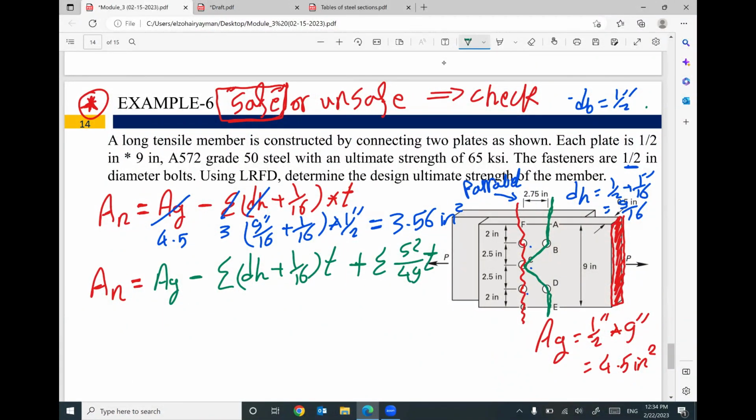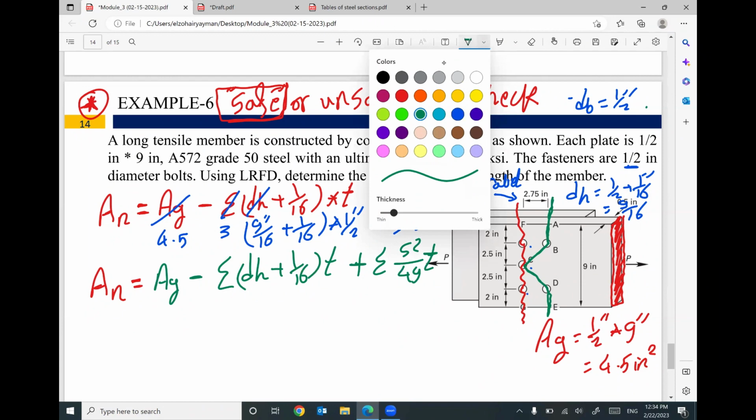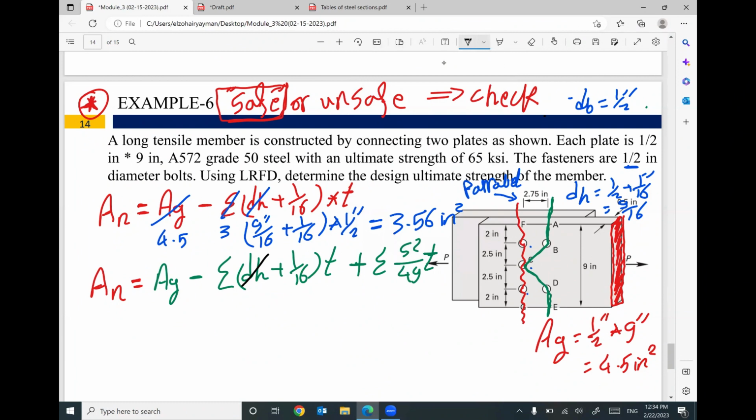If you look here, you don't need to continue your calculations because you can judge. This D hole will be 9/16. And this summation, since we have 1, 2, 3 bolts, looks like this term will be the same as this term. You still need to add something else.